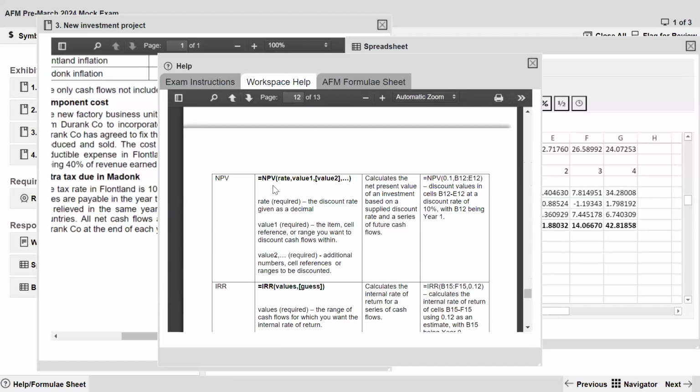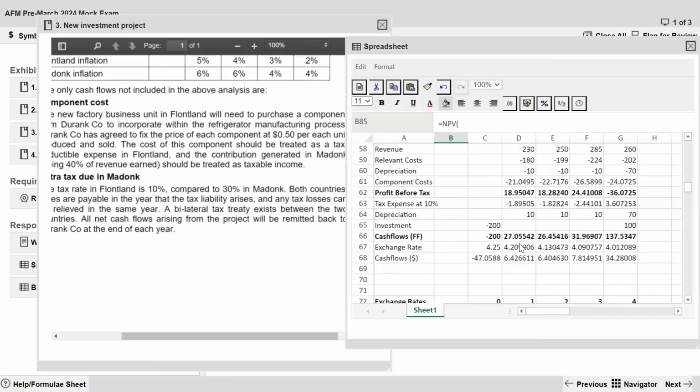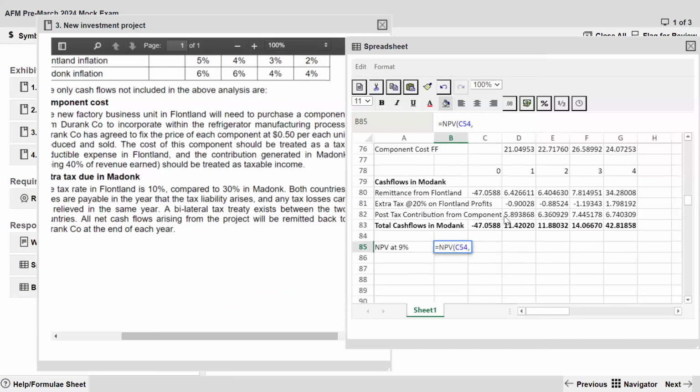So we've got the formula for the NPV: NPV, then rate, and then values. Equals NPV, bracket open, the rate, comma, all the cash flows, plus this cash flow.